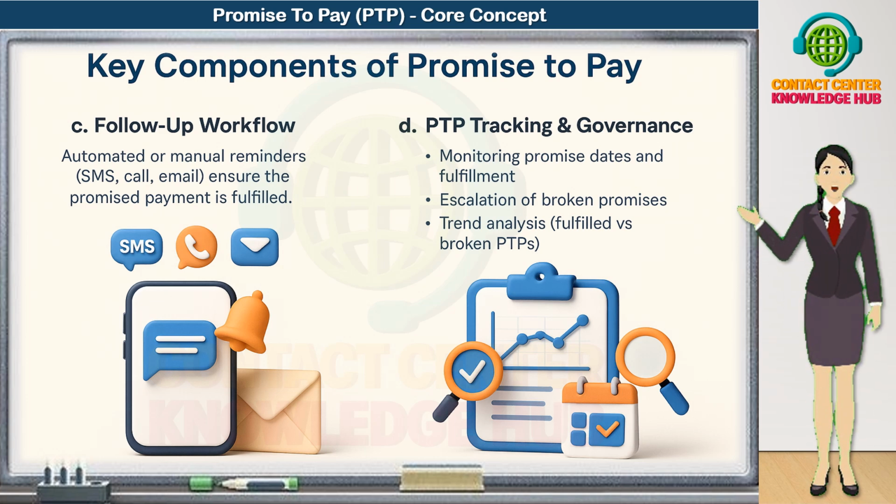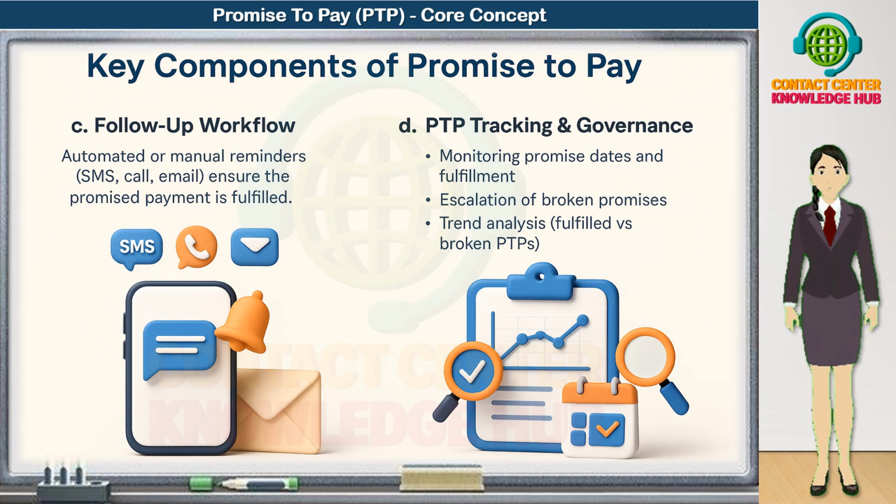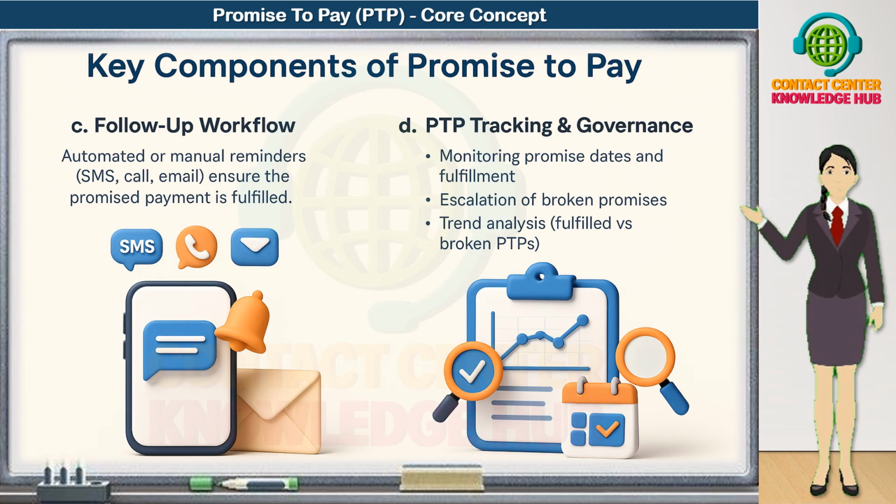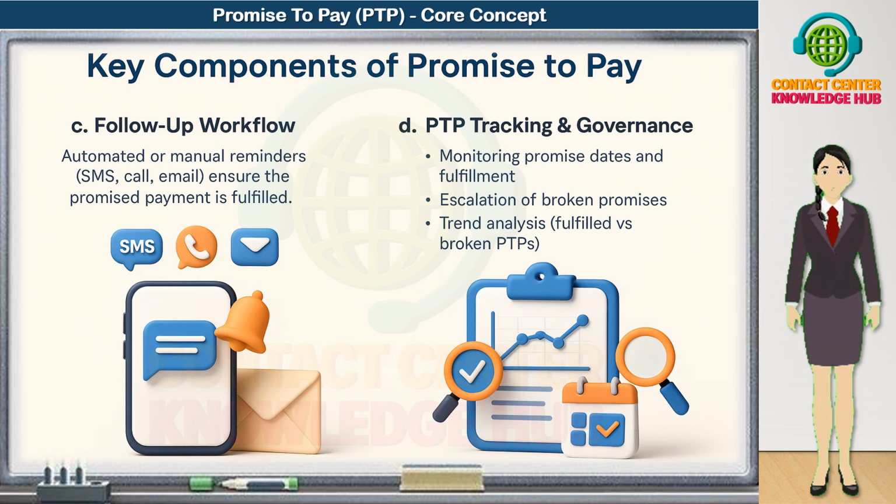Next, PTP tracking and governance. Strong governance ensures promises are not just recorded but actively managed. This includes monitoring promise dates and fulfillment, escalating broken promises quickly, and conducting trend analysis to track fulfilled versus broken PTPs. With an effective follow-up and governance framework in place, organizations build consistency, accountability, and higher recovery performance.